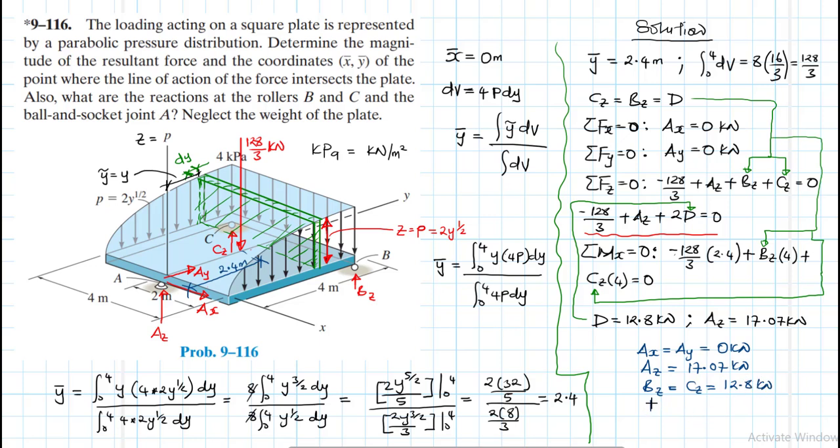And then we have the equivalent force, Feq, which is equal to 128 divided by 3, which is equal to 42.67 kilonewtons. And this location, x bar, y bar is equal to 0, 2.4 meters.